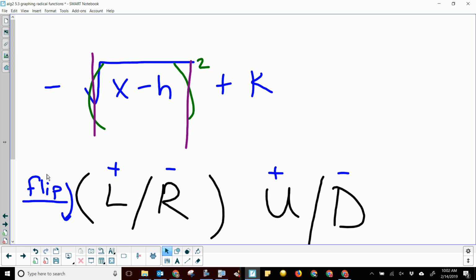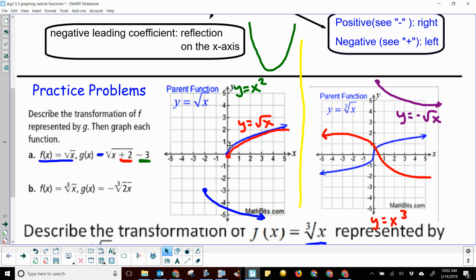And obviously the negative in the very front is a flip. So on this one, +2 goes left and -3 goes down. And this flips it to, well, this guy right here.